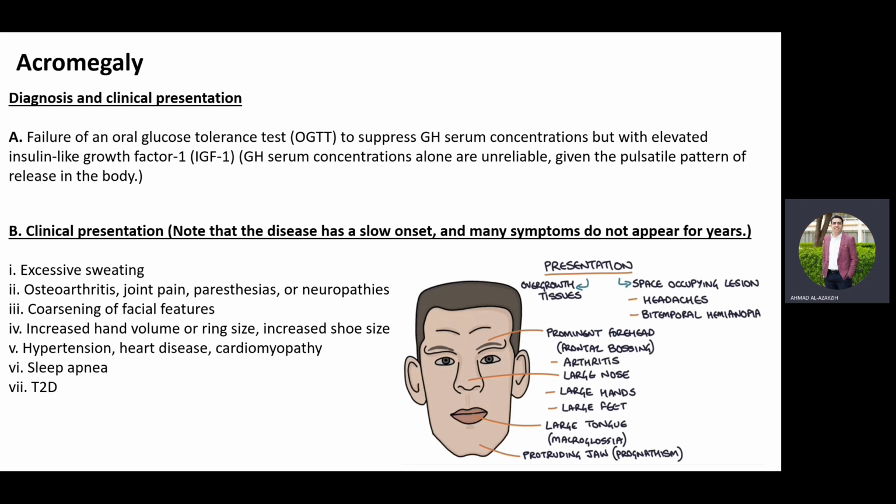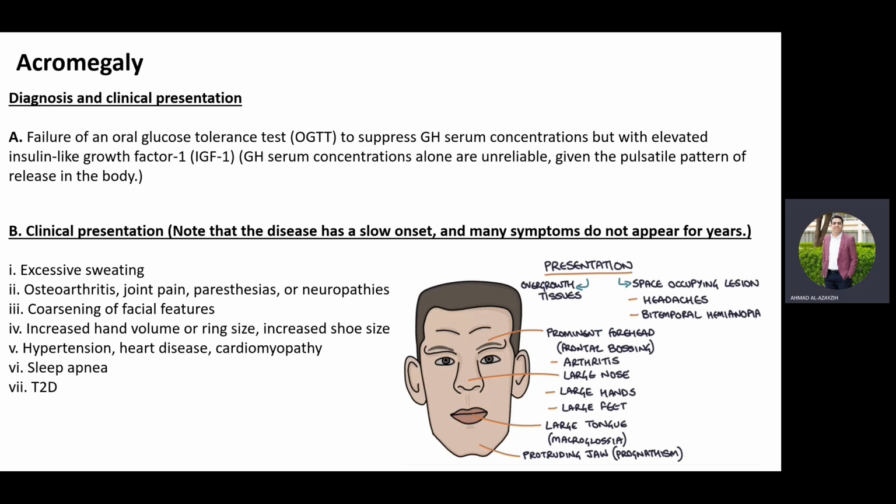Okay, so acromegaly, simply speaking, here, as you can see, we have clinical presentations that might appear on the patient who's suffering from acromegaly. Of course, these patients are in general adults, so the growth of the bone has already stopped. So now the features will appear in different ways.